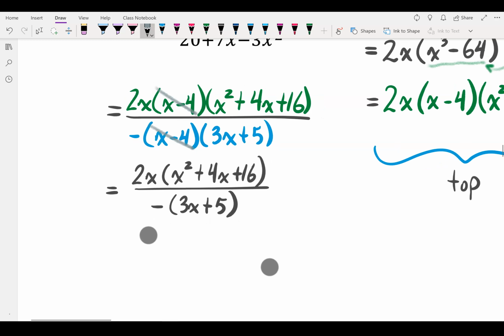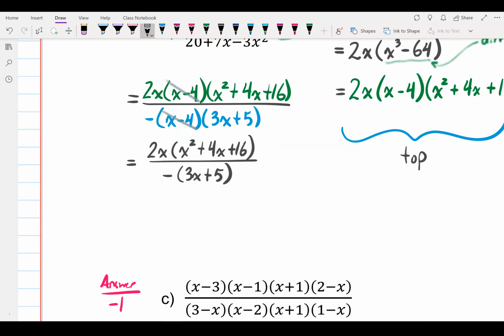There is a better way to write that. That negative is sort of not supposed to be down there. It's not proper notation, okay? So that negative should really go to the top. So I'm going to say or. Final answer would be negative on top. I'll just throw it on top.